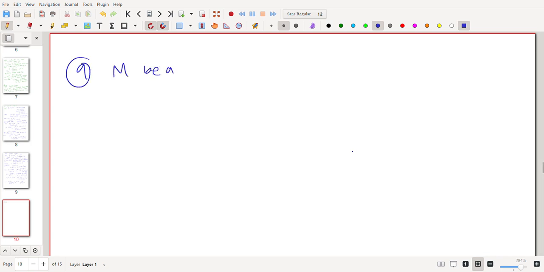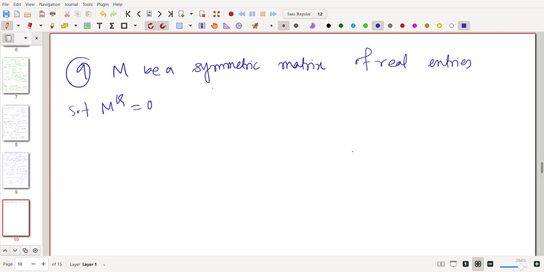Question number 9. Let M be a symmetric matrix of real entries such that M power k is 0, then M is 0.